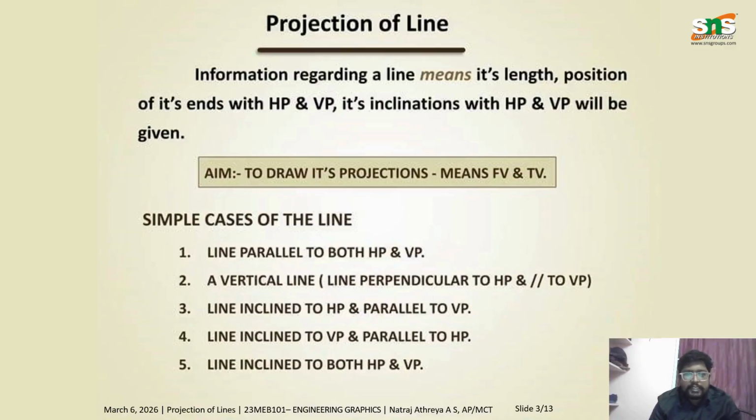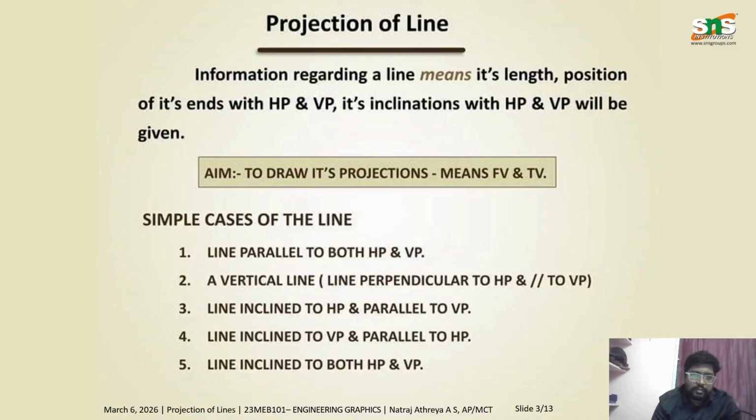The third one is a line inclined to HP and parallel to VP. The line makes an angle with the horizontal plane, but with respect to the vertical plane, it does not make any angle. So it is parallel to the vertical plane only.